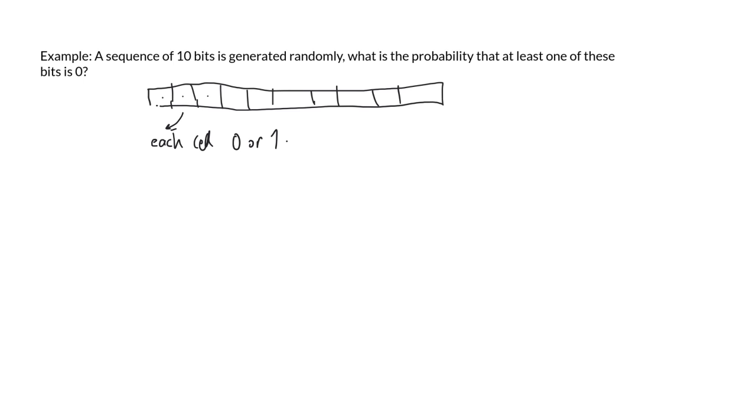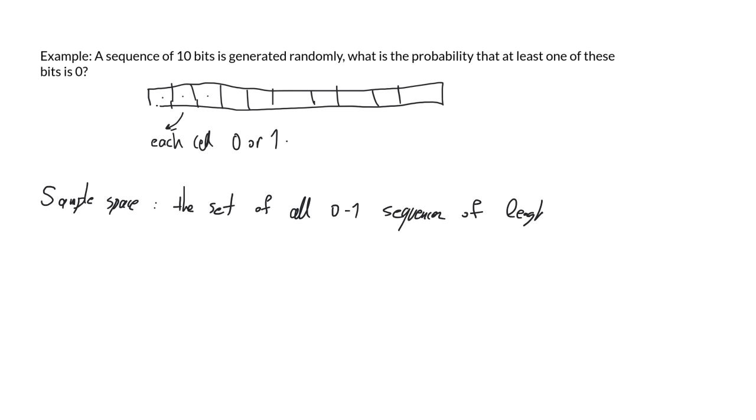And then the question asks, what is the probability that at least one of these bits is 0? The experiment is again clear. Our sample space is the set of all 0, 1 sequences of length n, I'm sorry, of length 10.